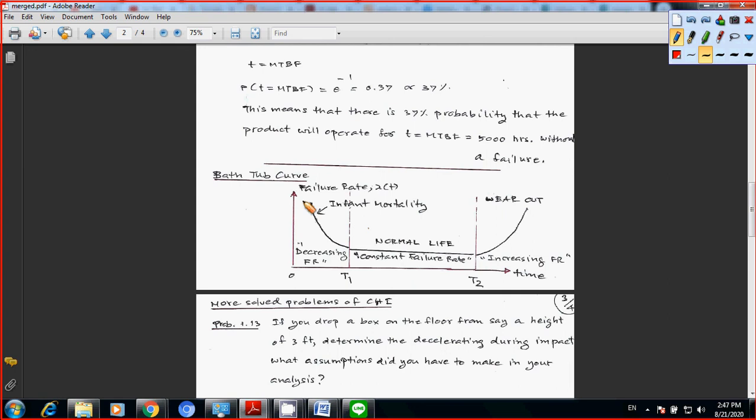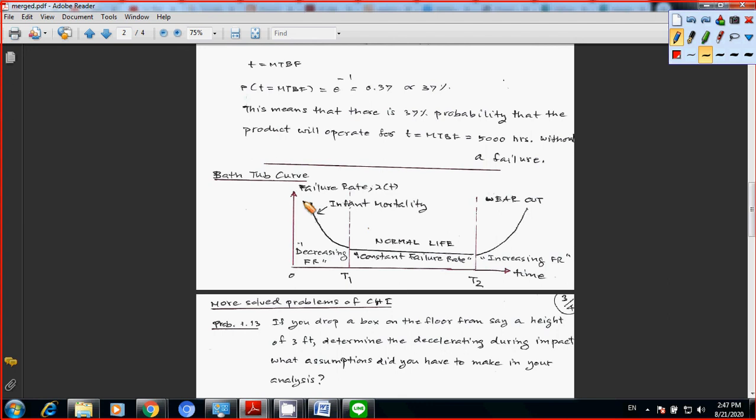As we can say, nothing is perfect, just like yield is not 100%. So you have to do your best by replacing the failed components with working components. So your failure rate is decreasing.